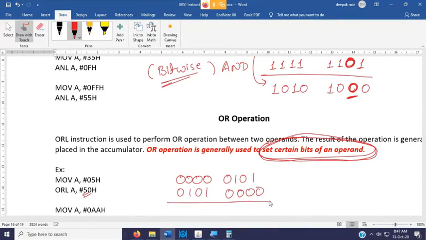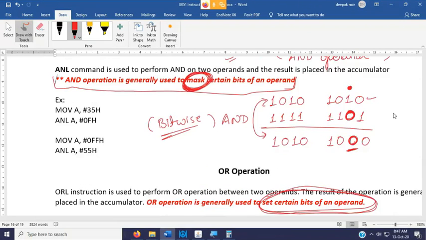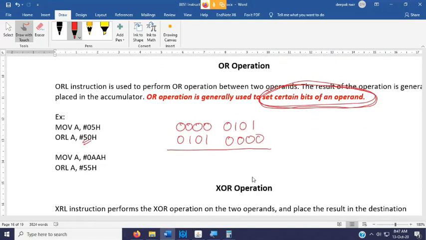Here we are ORing, whereas earlier we ANDed with 0. So in the AND operation 0 was important, remember. In the OR operation 1 is important, because wherever you want to make that particular bit 1, be it 1 from the last state or whether I don't care.